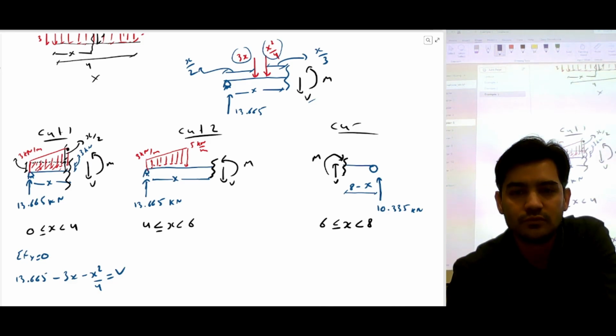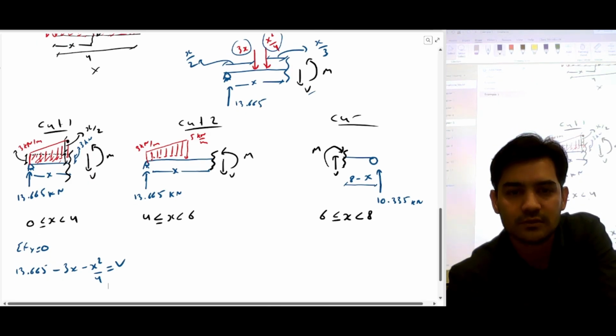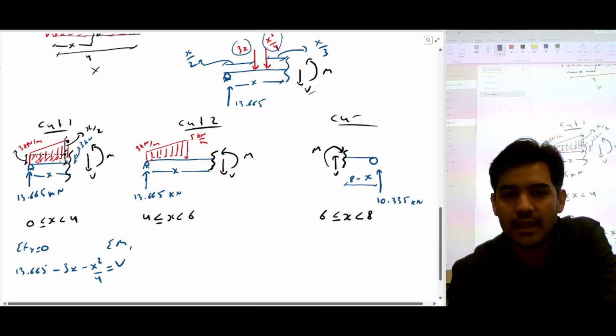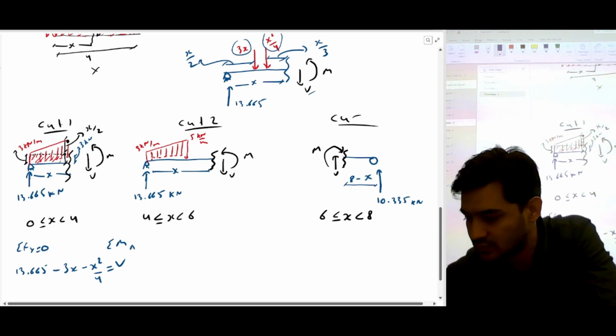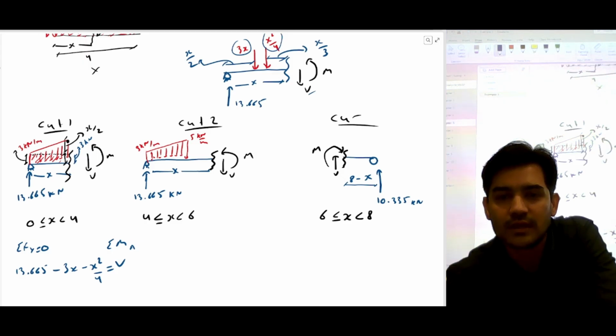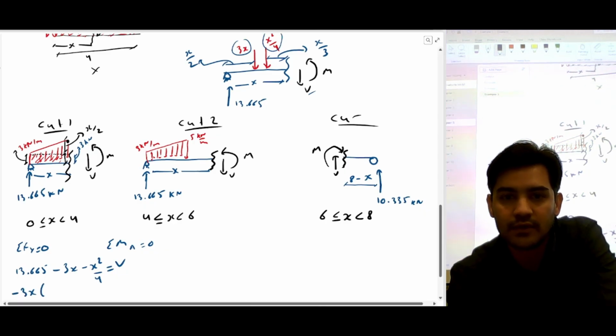And if we do summation of moments, let's do summation of moment at A is equal to 0. You're going to get clockwise minus 3x into x by 2.